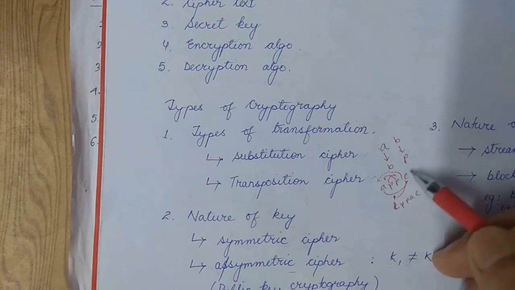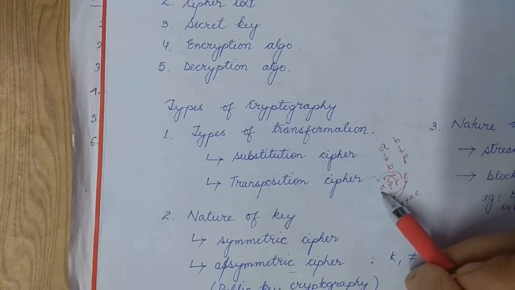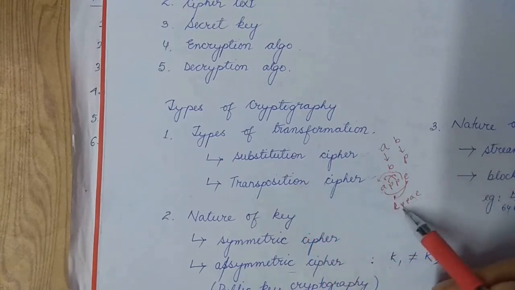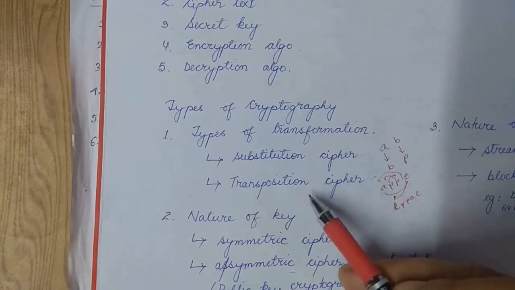A happens to be in the first position, and now in the ciphertext it becomes the fourth position. When we simply change the positions of the letters in the word, we call it a transposition cipher.